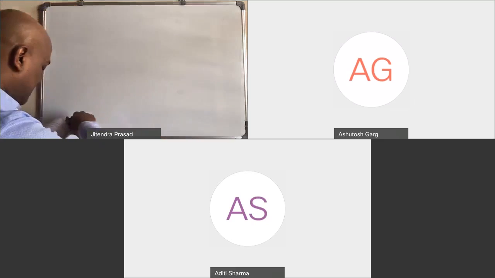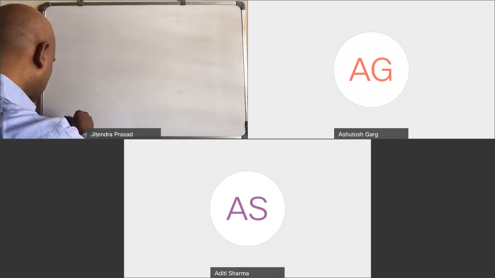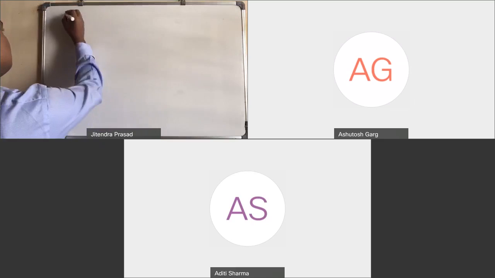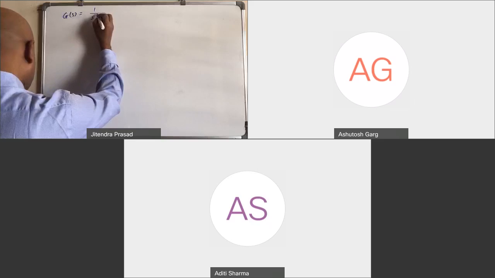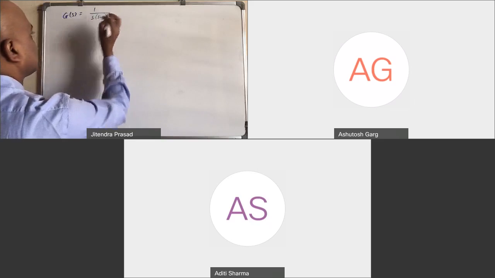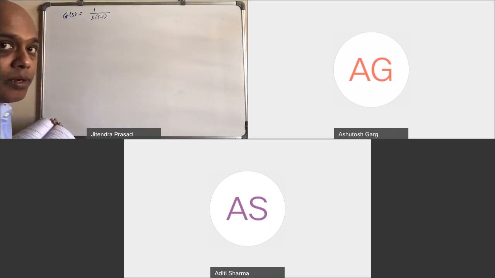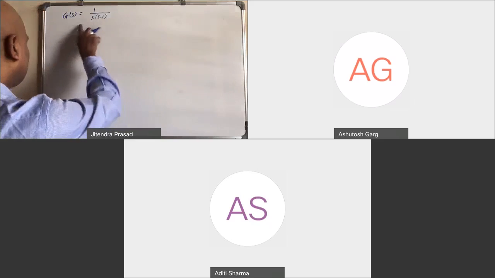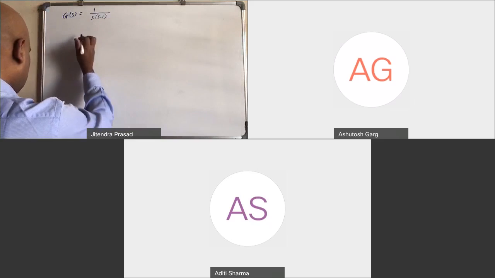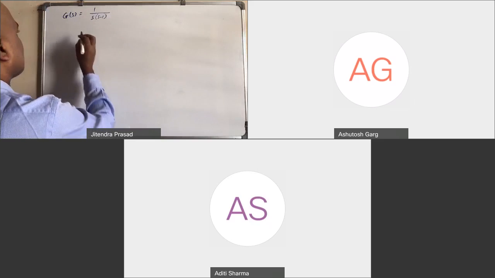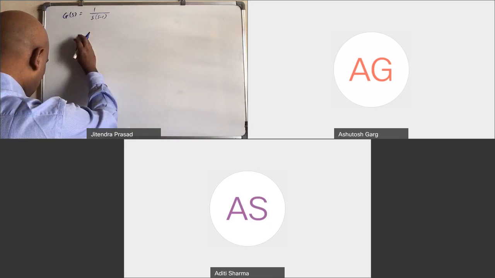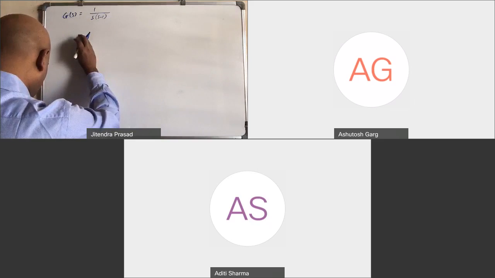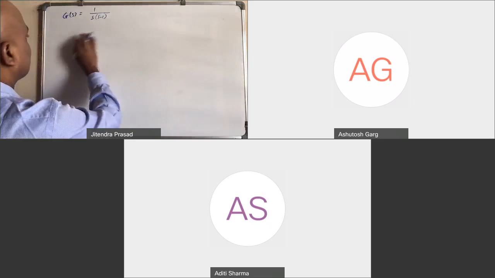The question is like this: G(s) is given as 1 over s(s minus 1), and we have to draw the Nyquist plot to begin with.